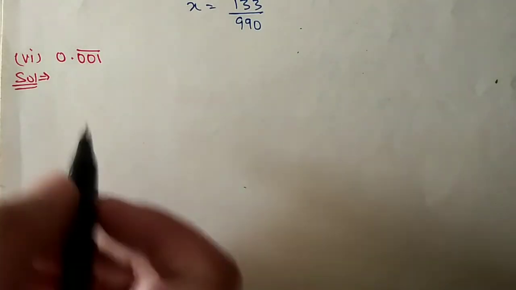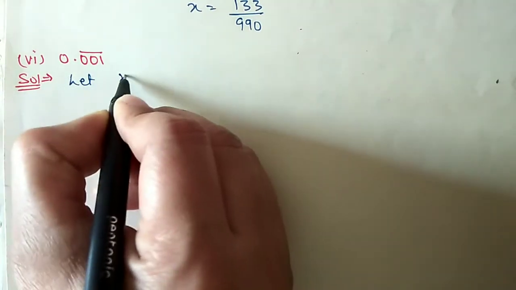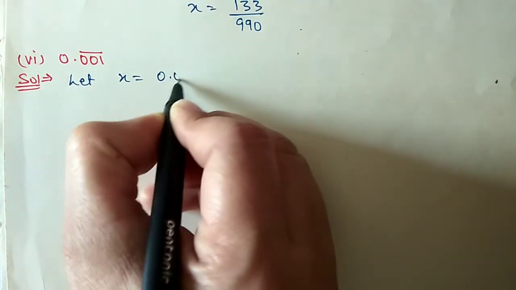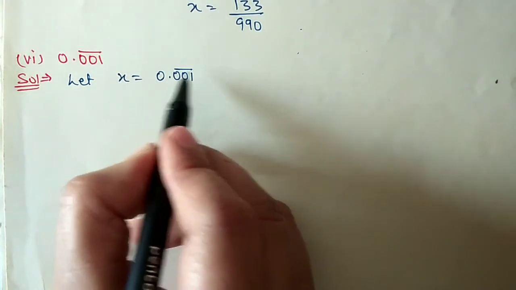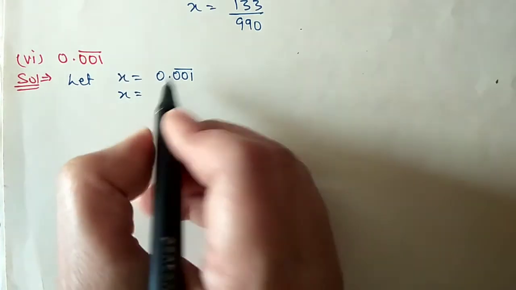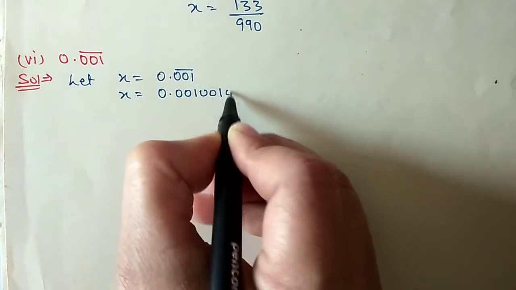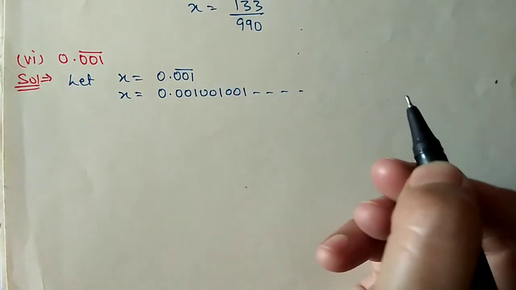Next is sixth part, 0.001 bar. So we will take let x is equal to 0.001 bar. So this bar is over 001, it means these three digits are repeating again and again. We can write it like this, 001 001 001 up to infinity.